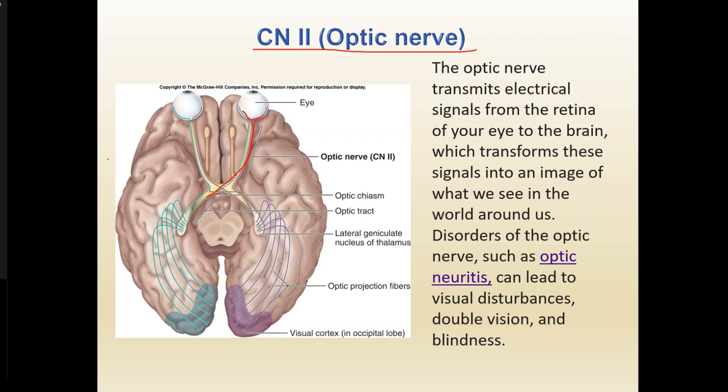If you disrupt this nerve, there will of course be visual impairments, double vision, blindness eventually.